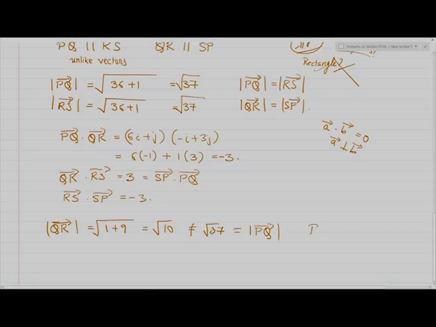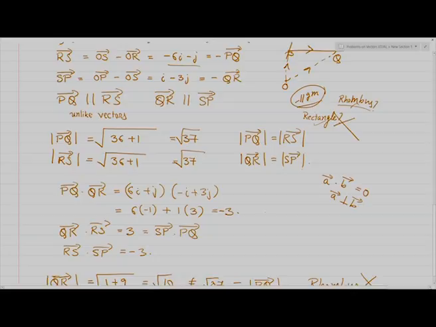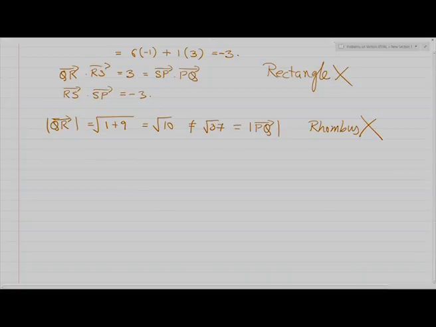So, that eliminates it, it cannot be a rhombus, and it cannot be a rectangle, because none of the angles is 90 degrees, so the rectangle possibility is also eliminated. So, the only thing that remains is a parallelogram. Therefore, quadrilateral PQRS must be a parallelogram. Okay. So, this is the conclusion of this problem.